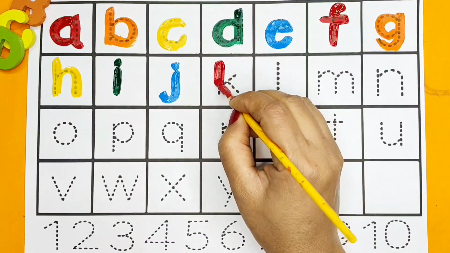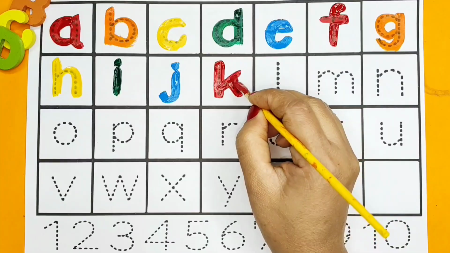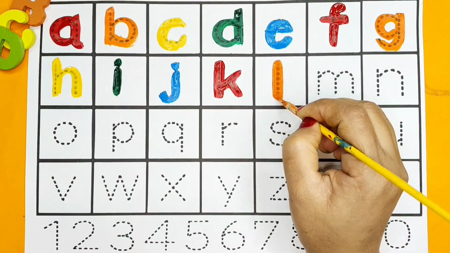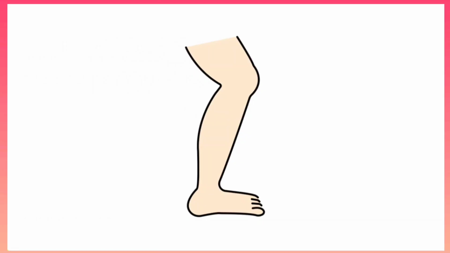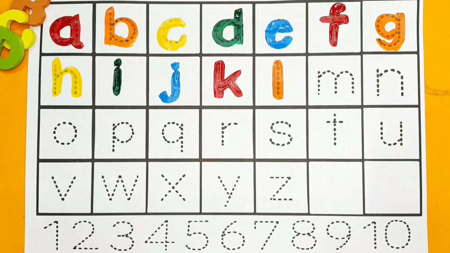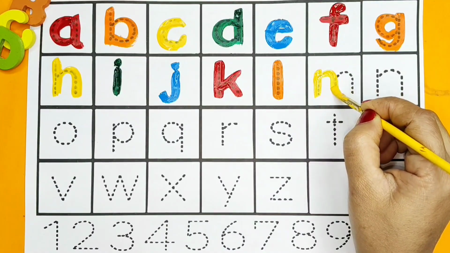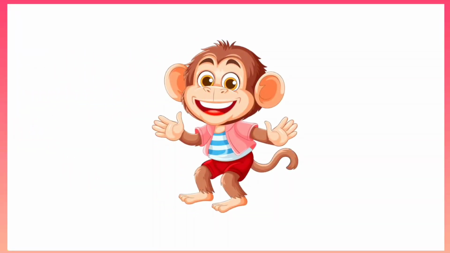Red color K. K for key. Orange color L. L for leg. Yellow color M. M for monkey.